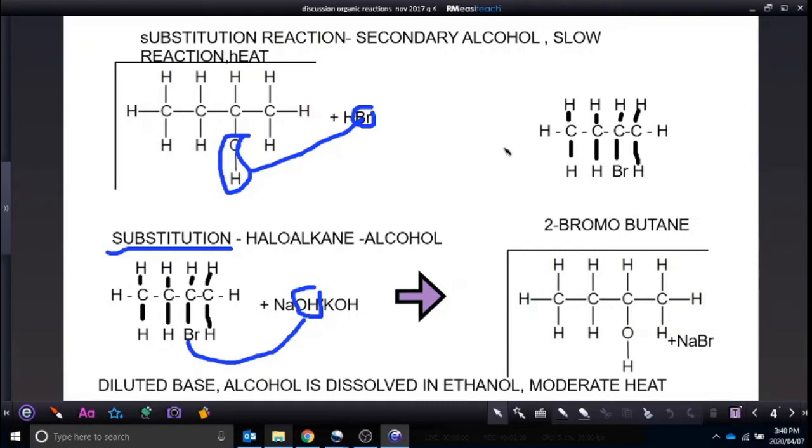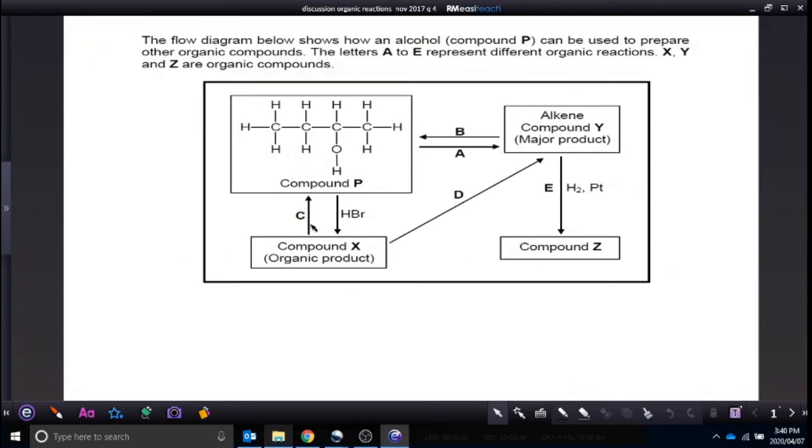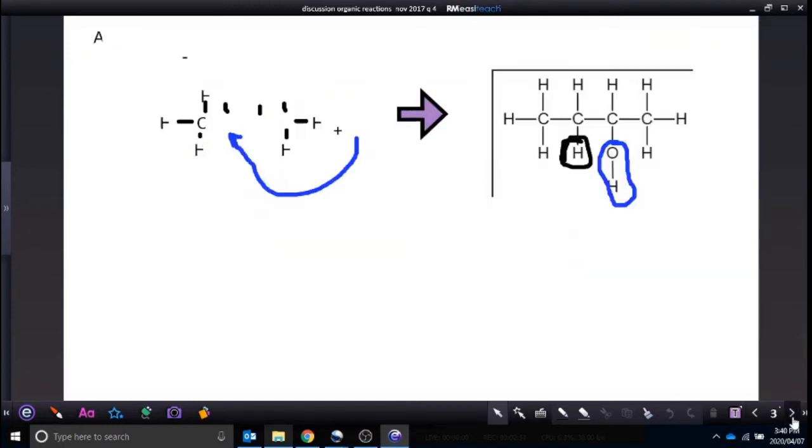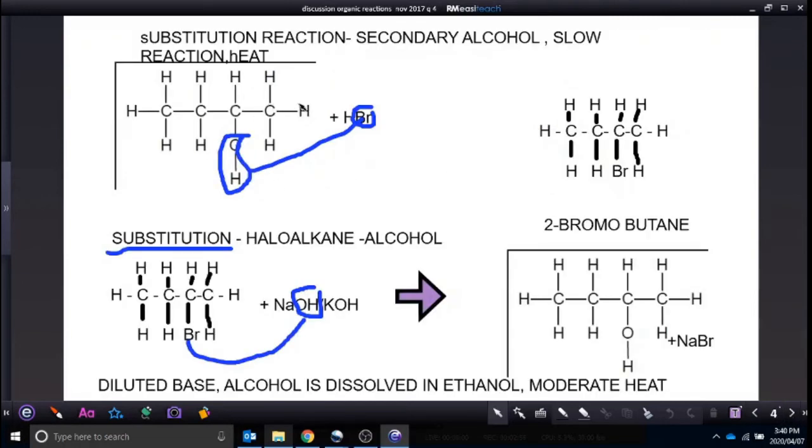If we look at our substitution reaction, let's just go back. I just want to show you. We did C and then we did HBr. We first did the HBr, the alcohol going to compound X. So this is what we got. The alcohol plus HBr.